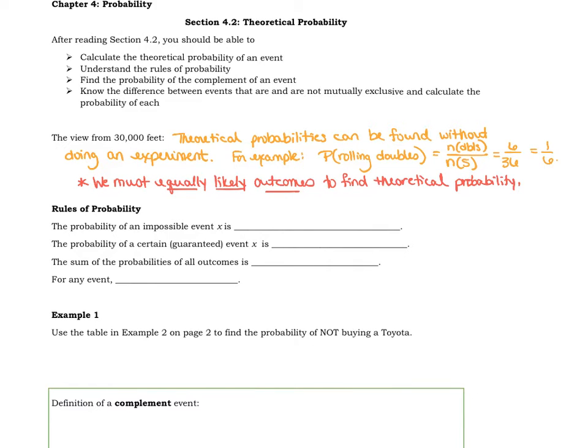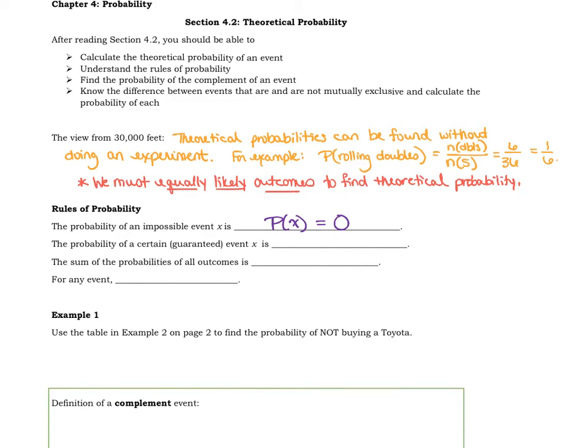All right, so some general rules here for probability, things that will always be true. The probability of an impossible event, we'll call it X, meaning whatever it is: if that event is impossible, then the probability of X happening is 0. It's not going to happen. The probability of a certain event. Now, certain is not like specific, that one over there.